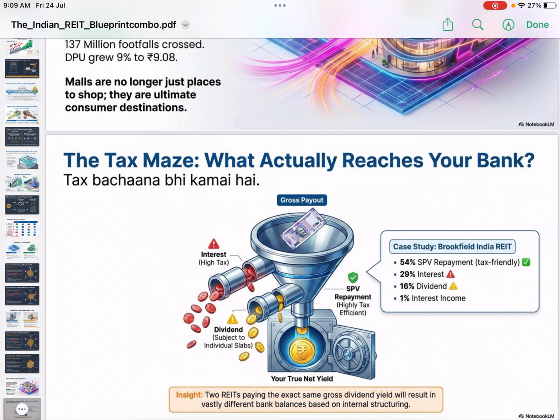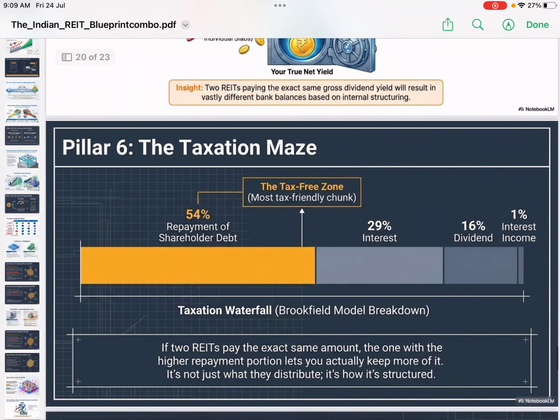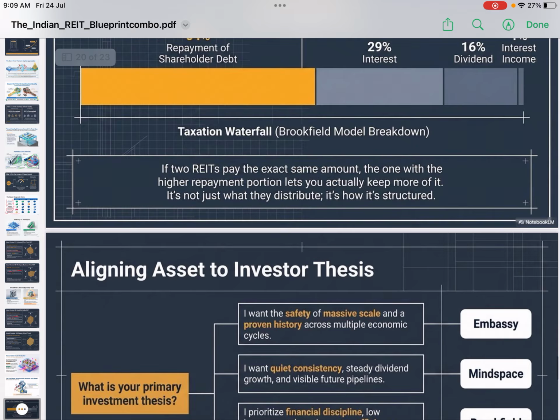So if the capital is unused, they also repay the capital. Each is taxed differently, and it can be very confusing for individual investors to track the taxation part. So we will bring a video on how to handle the taxation part.